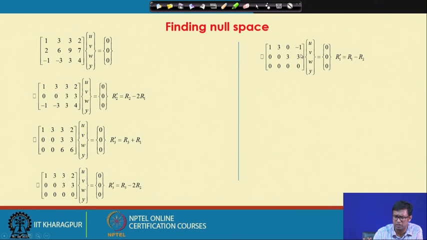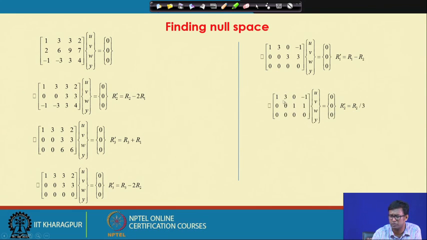So, the first row becomes first row minus second row, and this term is 0. So, this can now be a pivot in a reduced echelon form matrix. I divide the second row by 3, and in the first row the first term is already 1. So, this is what I get as a reduced row echelon form.